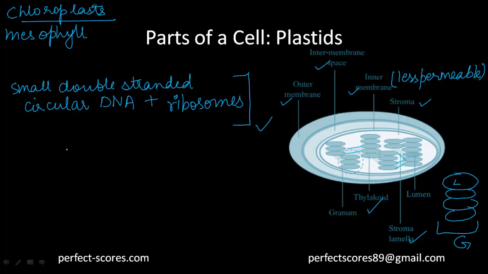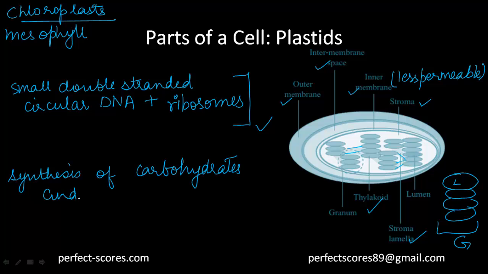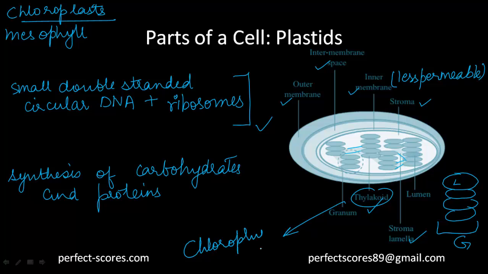And it helps in synthesis of carbohydrates and proteins. So synthesis of carbohydrates and proteins. And chlorophyll pigments are present in these thylakoids. So these thylakoids contain the chlorophyll pigments.